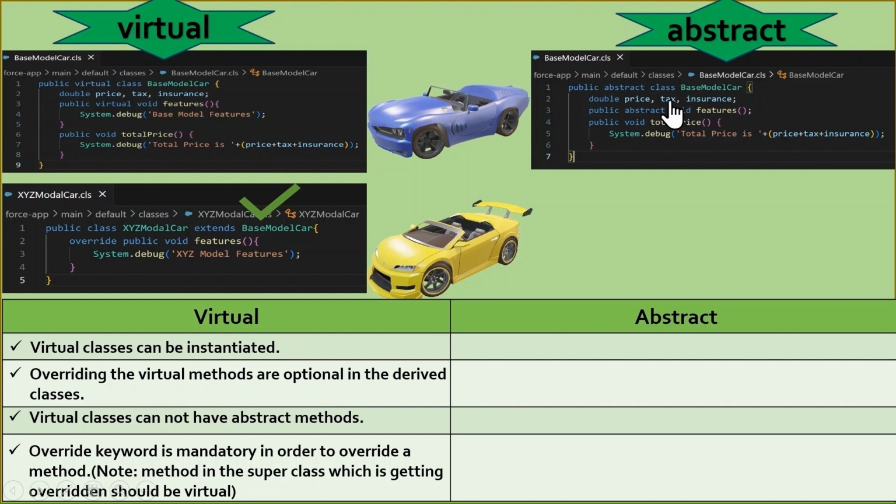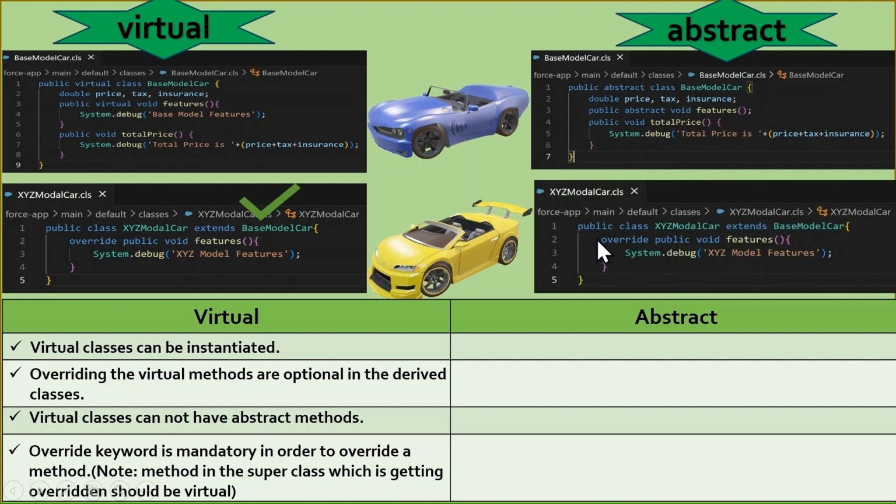The class which is going to extend this base model car must implement this abstract method like this by using the keyword called override. Since base model car has been marked as abstract, the extension of this base model car is possible, and we are overriding the abstract method that is available in the abstract class in the derived class. So it is a valid class now.